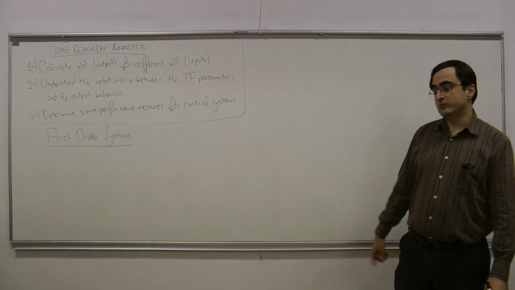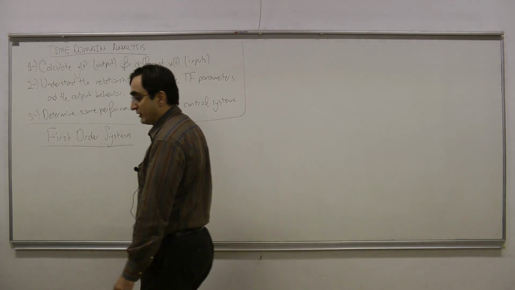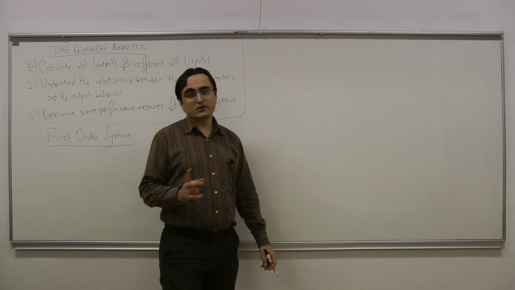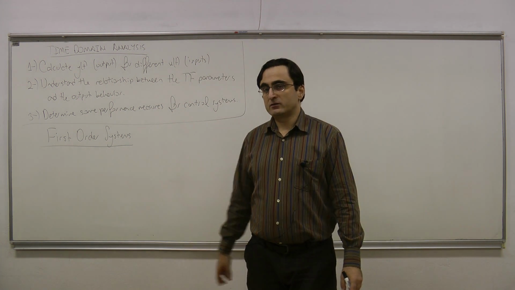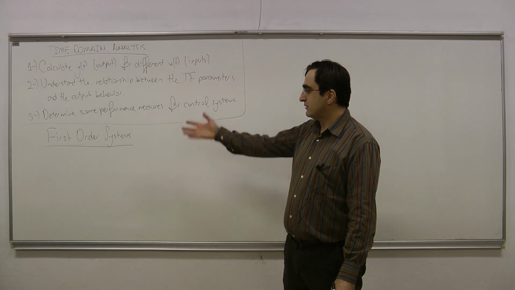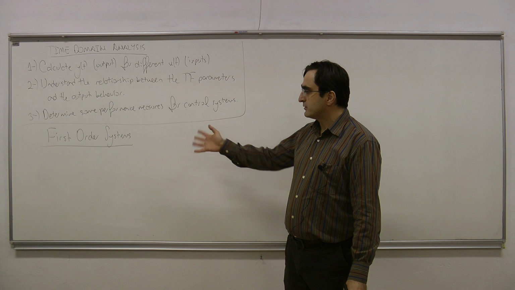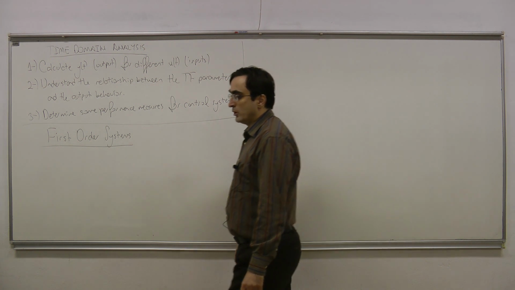Remember, we talked about the order of a transfer function or order of a system by looking at a transfer function, and it was related to the maximum power of s in the denominator polynomial. So this first order system tells us that the maximum power of s in the denominator in the transfer function is equal to 1.